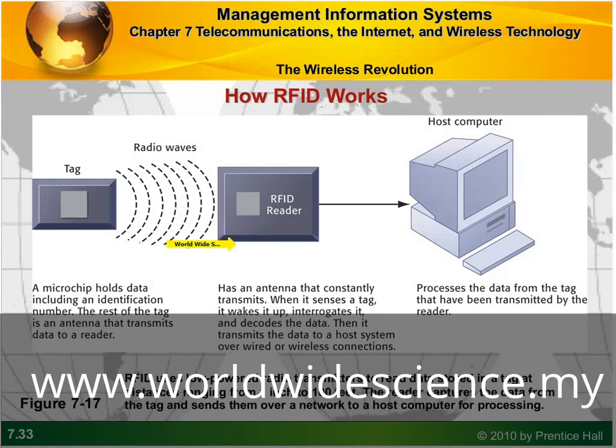When it senses a tag, it wakes it up, and it processes and gets the information and sends it to the host computer or database or backend system, which processes the data from the tag that has been transmitted by the reader.